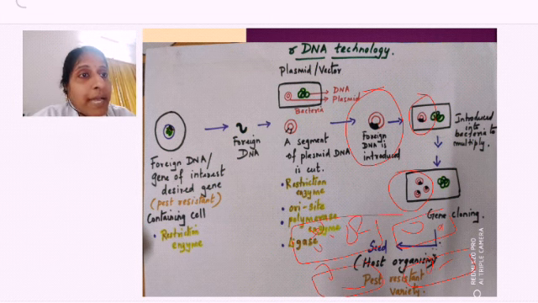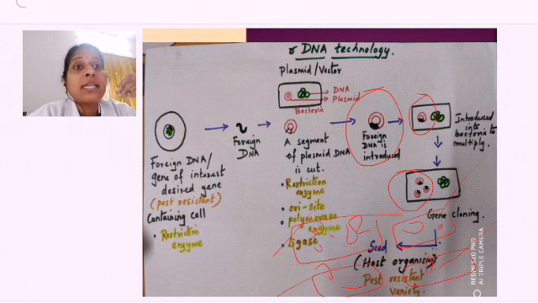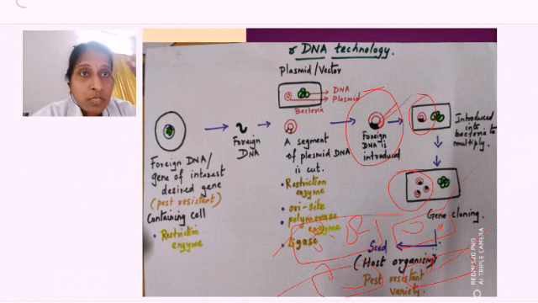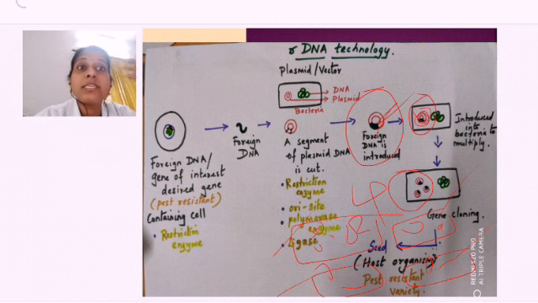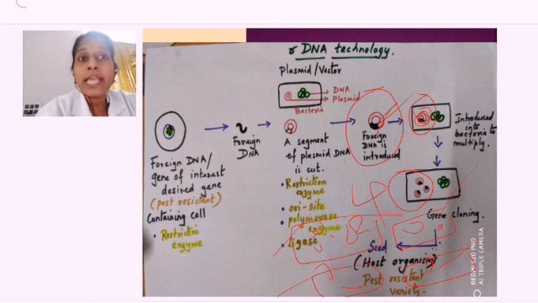In all these bacteria, 1, 2, 3, 4, I have to select which one is carrying that rDNA, this foreign DNA, or recombinant DNA, and which is not carrying the recombinant DNA. Out of these 4, it is not necessary that everyone who is replicating is carrying that particular gene. Sometimes it doesn't happen. That gene remains suppressed. It is not expressed. So in that case, they wouldn't have got that gene, isn't it?